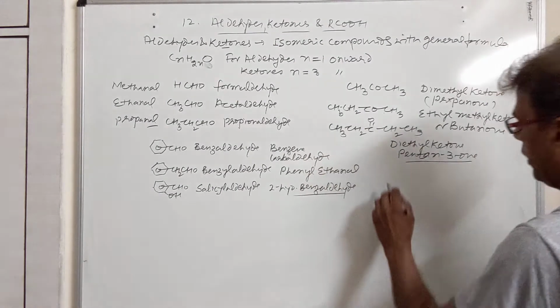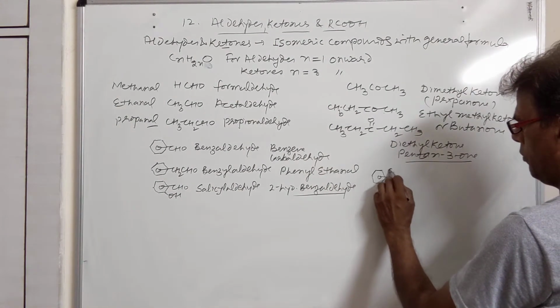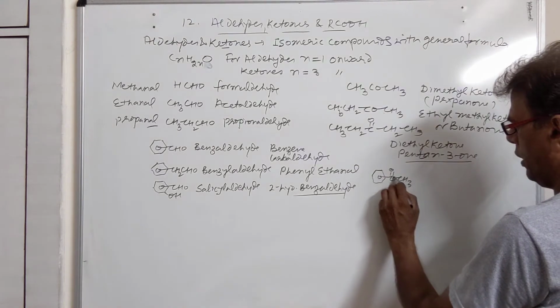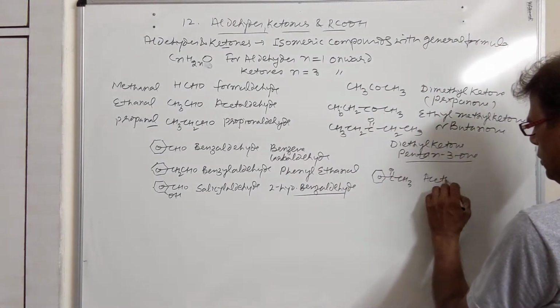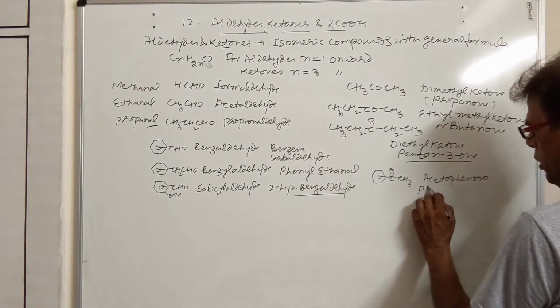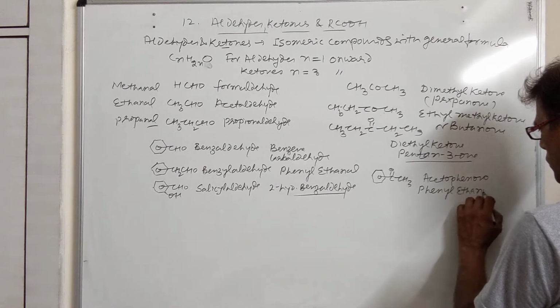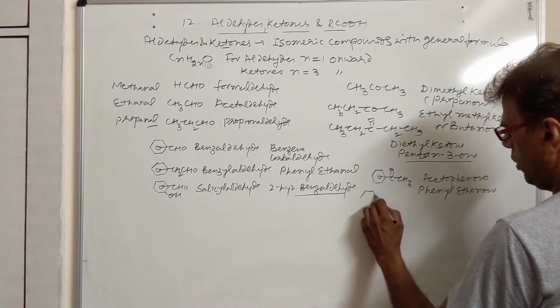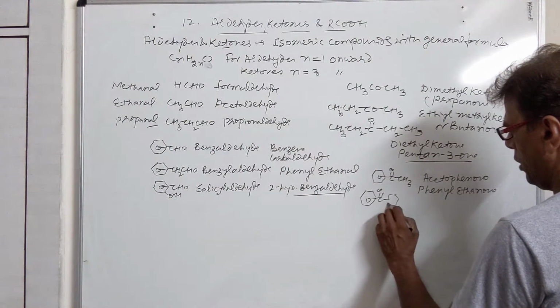Similarly, we have aromatic ketones. They may have an aliphatic group on one side and an aromatic group on the other side. The common name of this is acetophenone. The IUPAC name will be 1-phenylethanone. Then we have the ketonic group covered on both sides by phenyl.